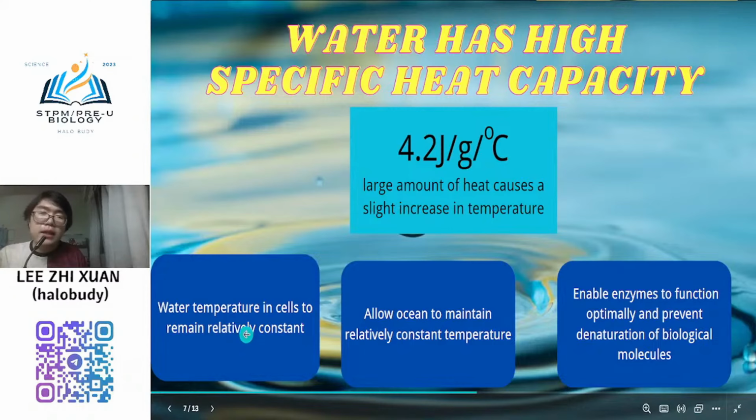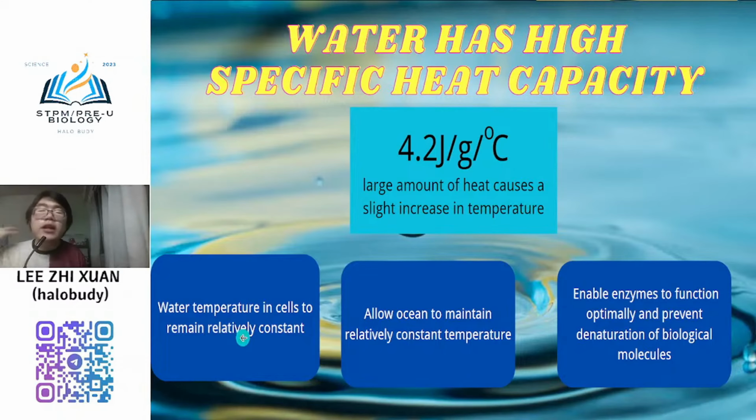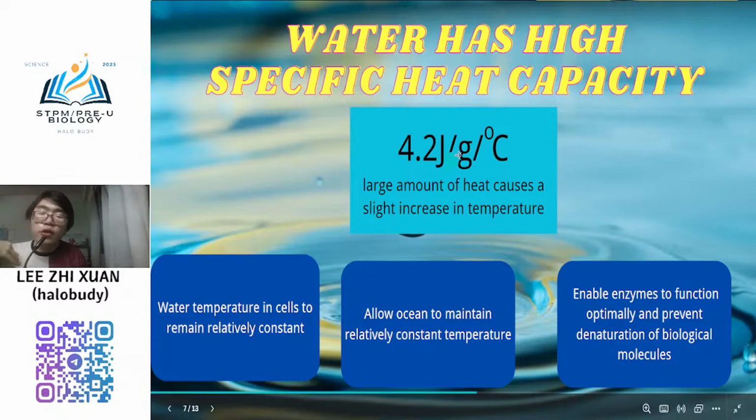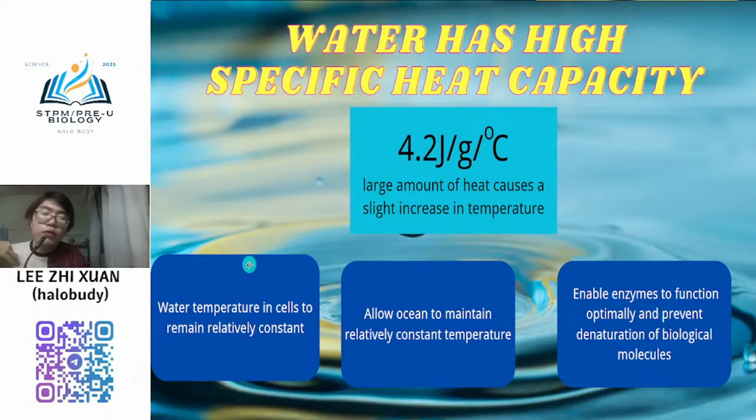Like when the weather is 40 degrees Celsius, your body temperature will also increase up to 40 degrees Celsius if you do not have water. So your cells will die. Cells cannot tolerate it, they will die. So water can make your body temperature remain constant. Your internal environment remains constant.